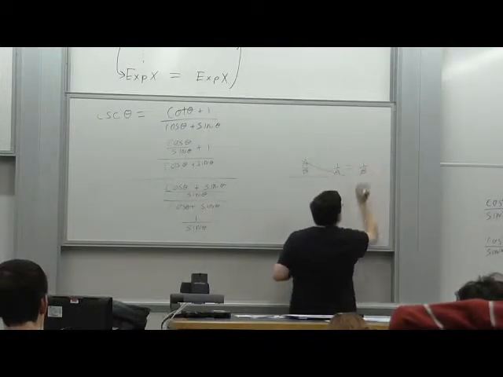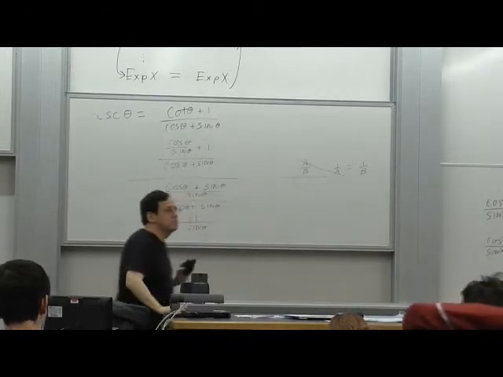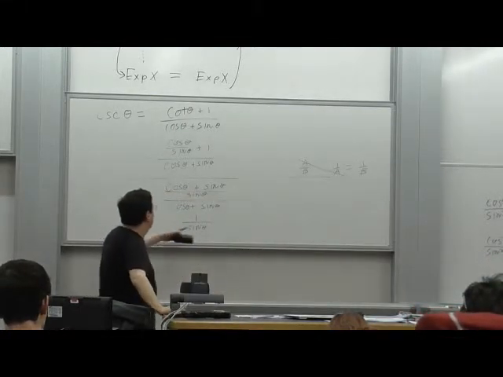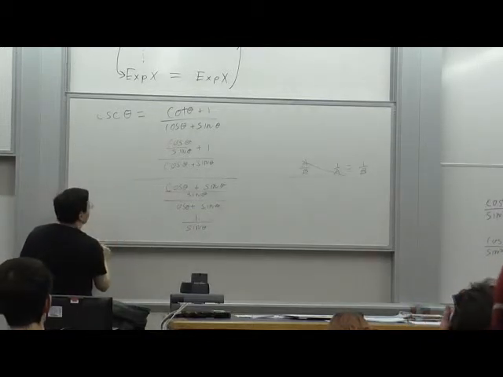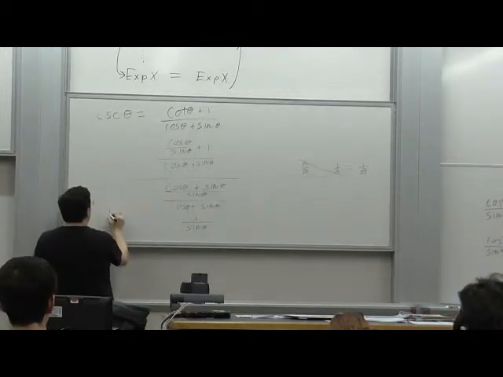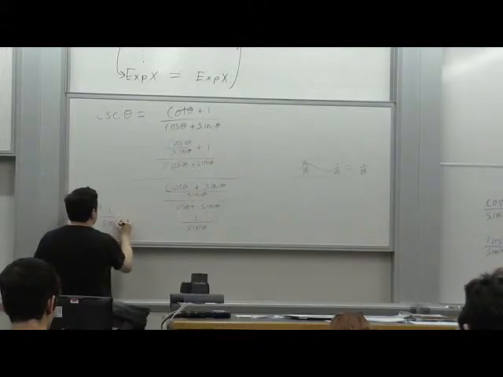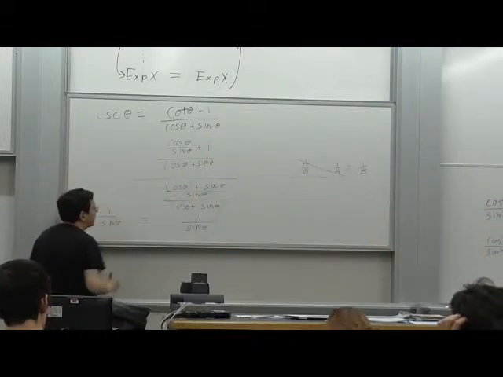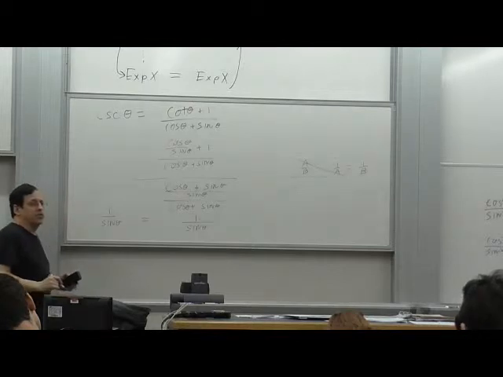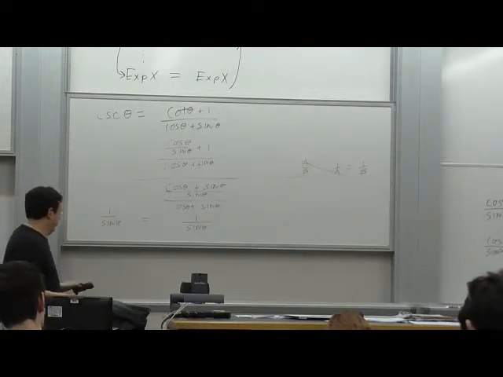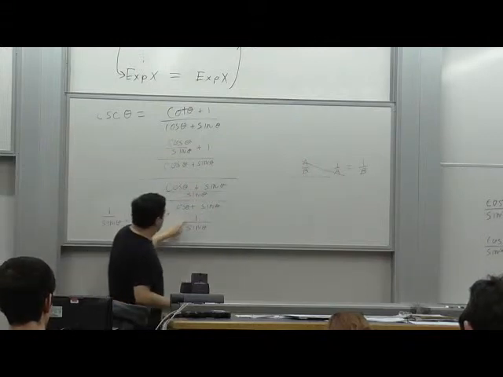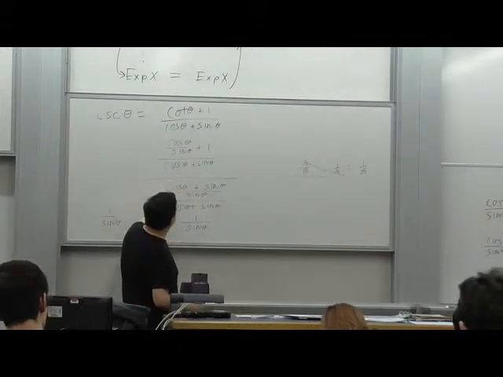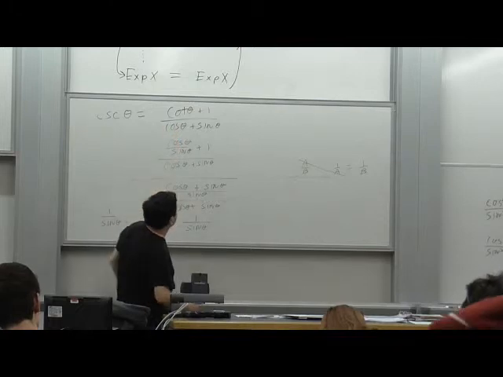So there I go. I got 1 over sine. What's the cosecant? That's 1 over the sine. So again, if you're thinking proof, you think, well, cosecant is 1 over the sine. 1 over the sine is equal to this, and so forth, back up to the top.